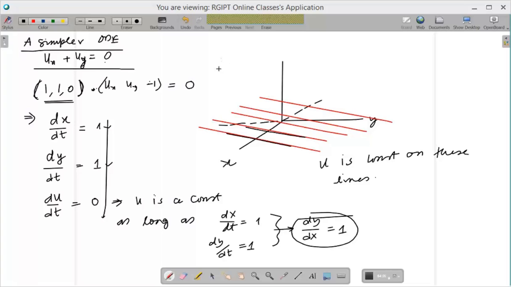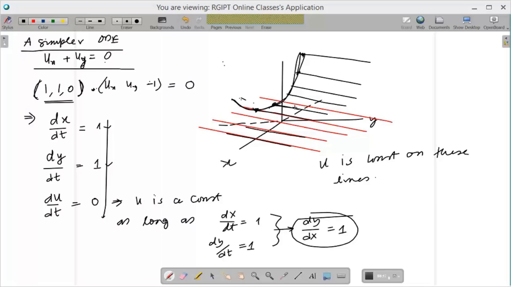For example, for the sake of argument, let's say I had some gamma curve given in this plane that looks like a parabola. This point, if I move this way, will remain the same value. Each point, if I move so that dy by dx is 1, I'm going to get the same value of u.